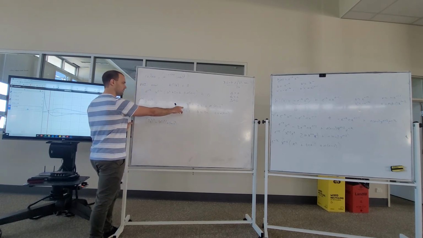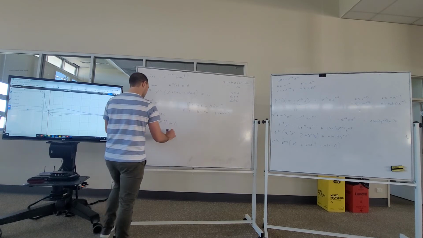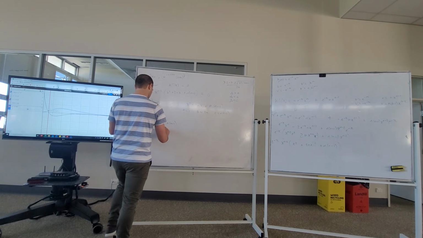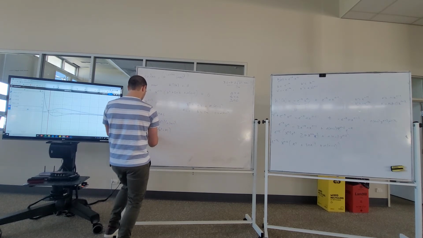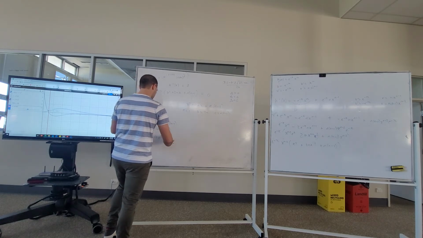Not 2 squared. Take 4n squared, take 4n.